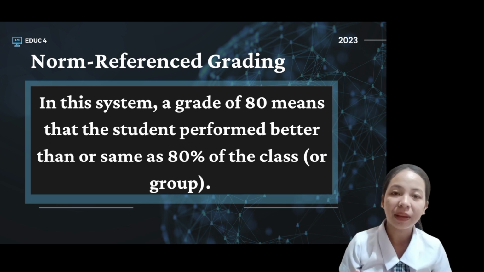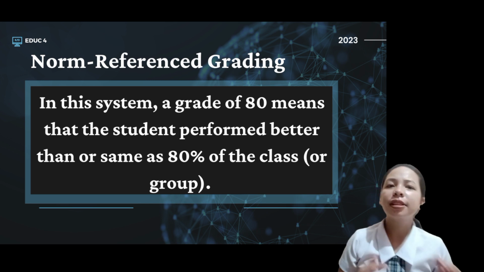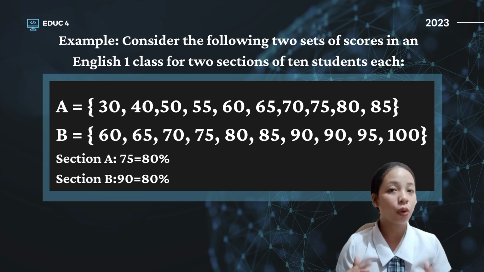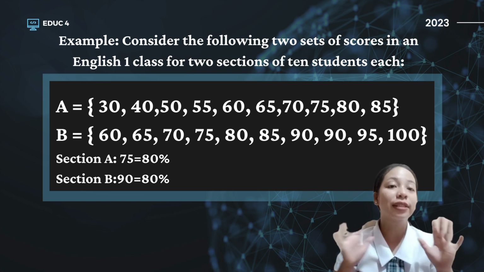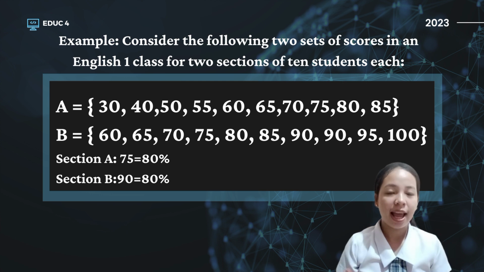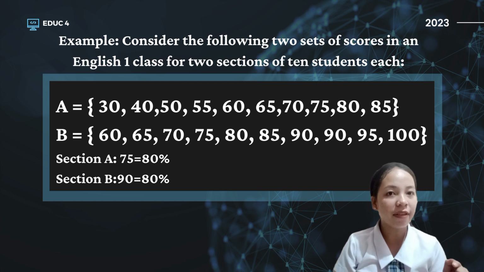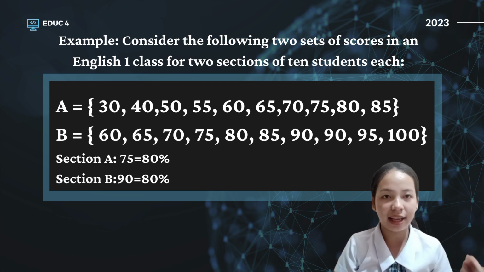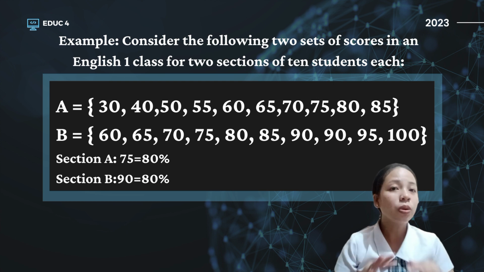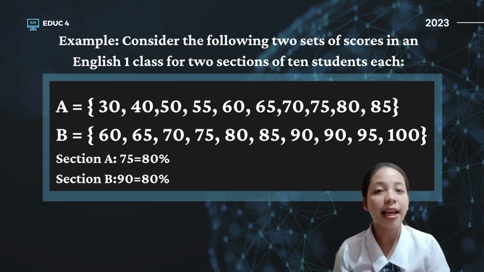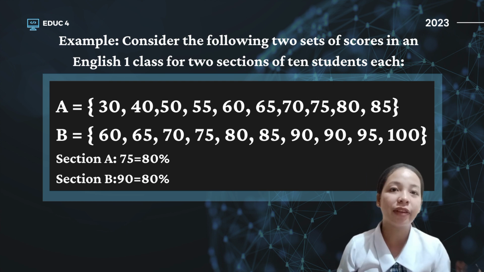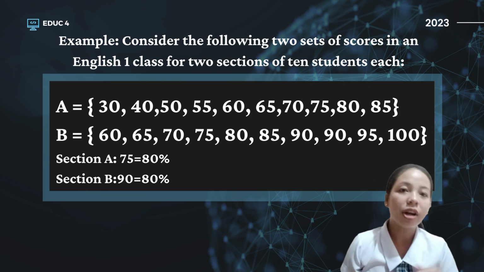class or group. Example: considering the following 2 sets of scores in an English 1 class for 2 sections of 10 students each. In section A, there are 30, 40, 50, 55, 60, 65, 70, 75, 80, and 85. Those are the scores. While in section B, 60, 65, 70, 75, 80, 85, 90, 95, and 100.